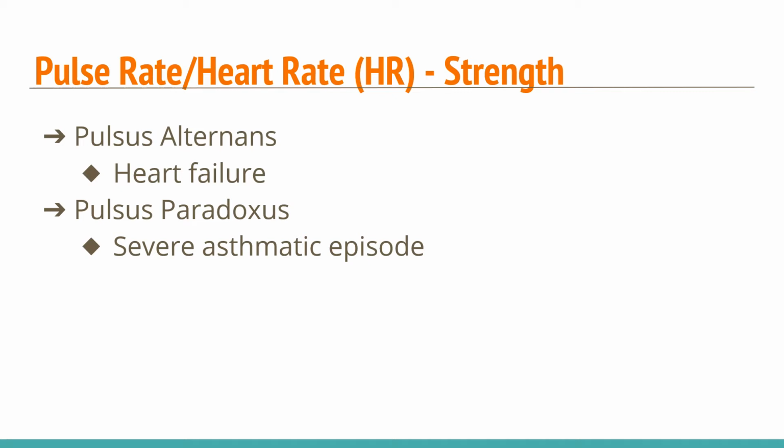If significant enough, you can see a little drop in blood pressure. Pulsus paradoxus is usually associated with a severe asthmatic episode. It decreases in strength during inspiration and goes back to normal during exhalation, due to the increase in thoracic pressure.